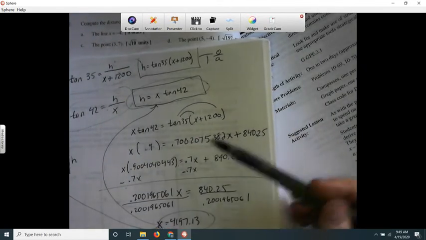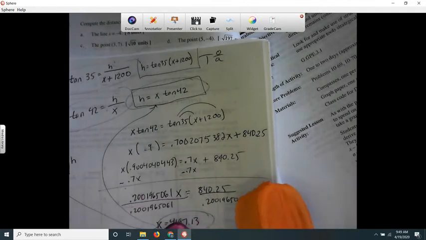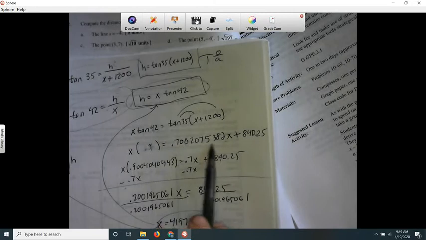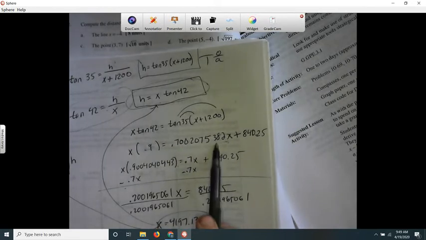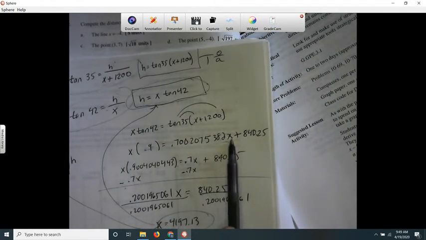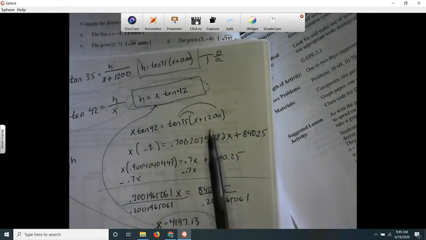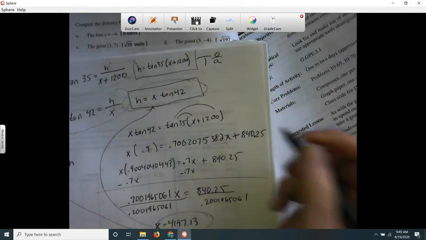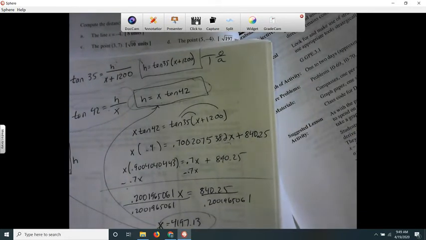That's equal to, well, tangent of 35 was that number, and that big long number that I took out of my calculator, distributed it to the x and distributed it to the 1,200, and that's where I got these numbers. Okay, so I'm just solving a system of equations. That's the full version of this one. Then I want to get all my x's together, so I subtracted, I abbreviated this big long number as 0.7.